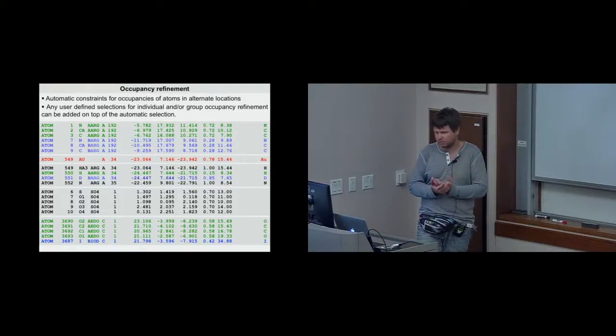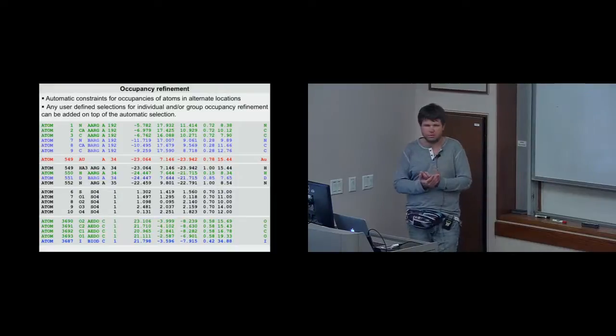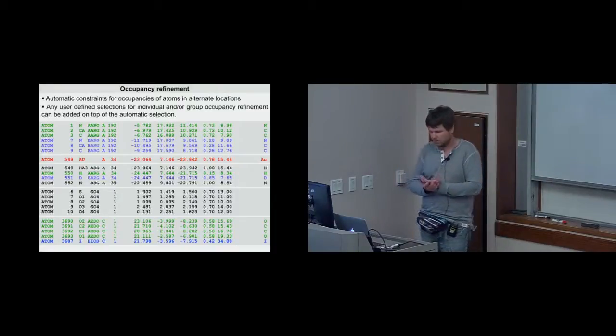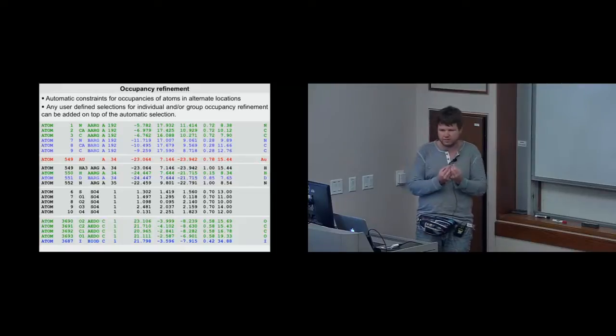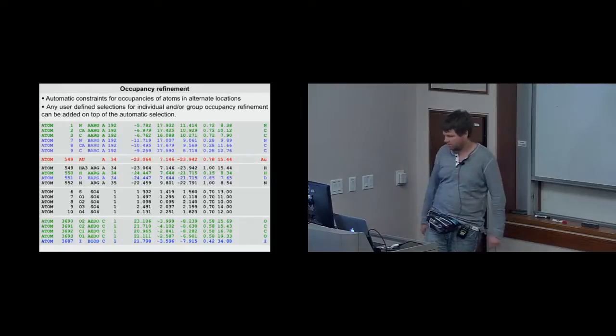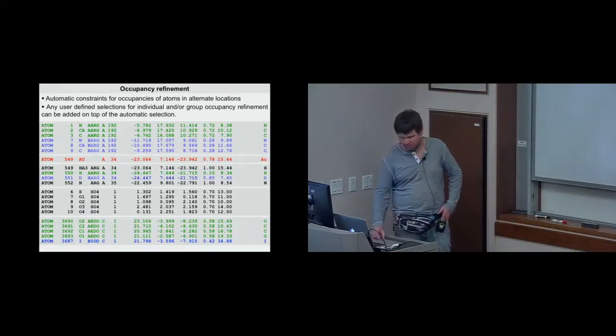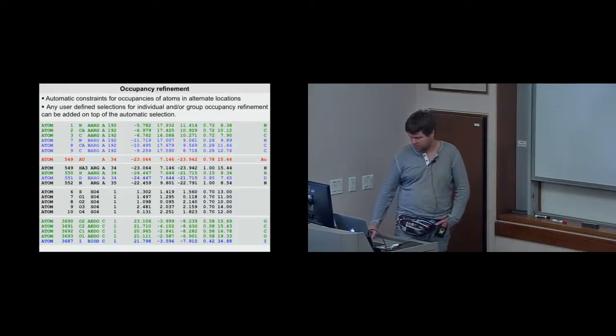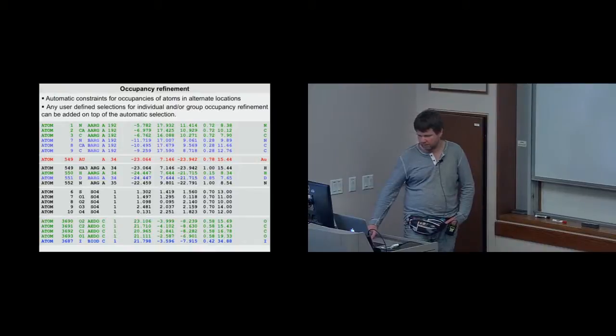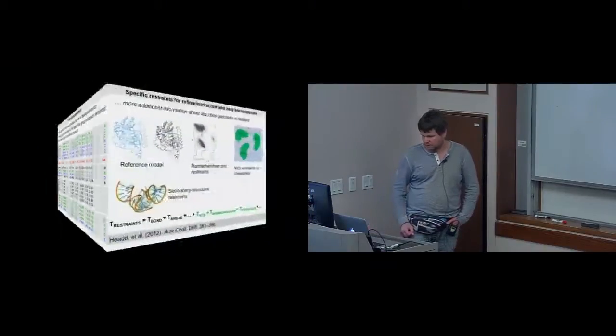That is possible to do too. We can define group occupancy of ligands. What else? Well, specific to neutron crystallography, we can have hydrogens and deuteriums sharing the same place, and the occupancies will be constrained. And that's not limited to this. There are many more situations that you can explore with occupancy refinement.